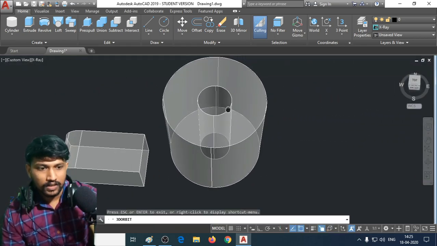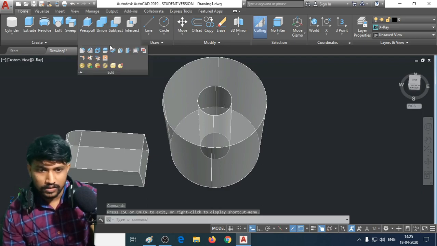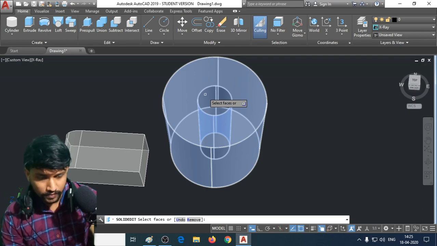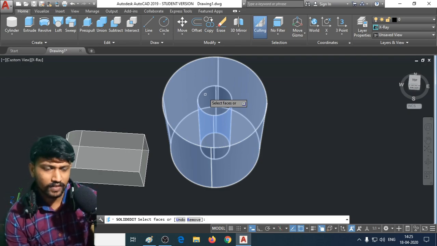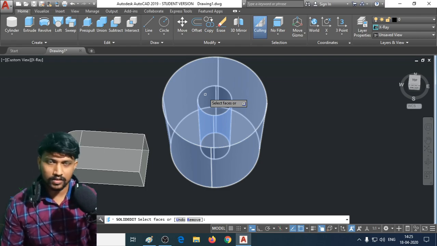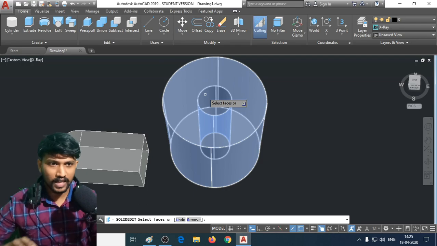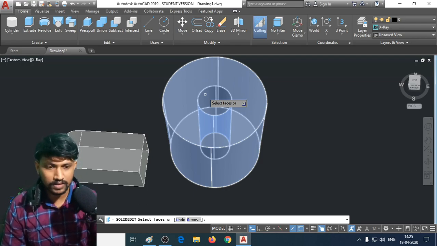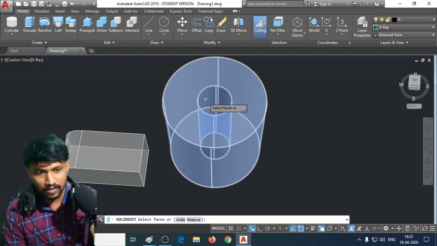Now similarly, this offset works in a similar way for the holes also. If you want to extend a certain hole, you might have taken a circle and created the circle, but the actual dimension of the circle is not proper, and if you want to change the dimension of the circle, you can use this offset command.